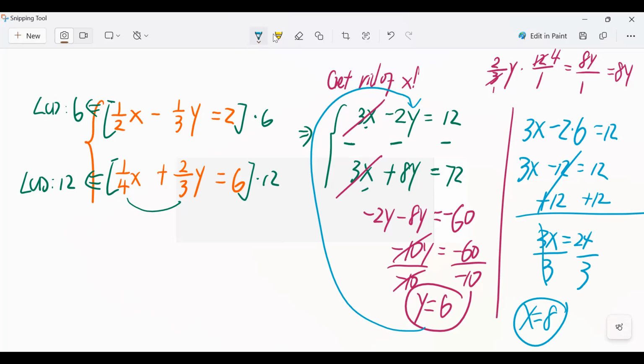Okay, so no questions. I'm going to show you another method called the substitution method, which is section 4.3. So let's look at it right now. I'm going to open the OneNote.